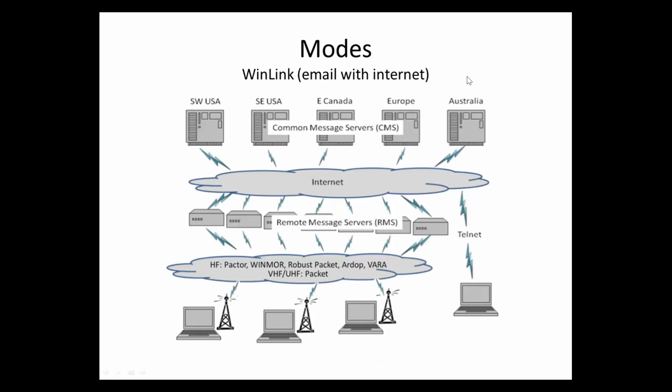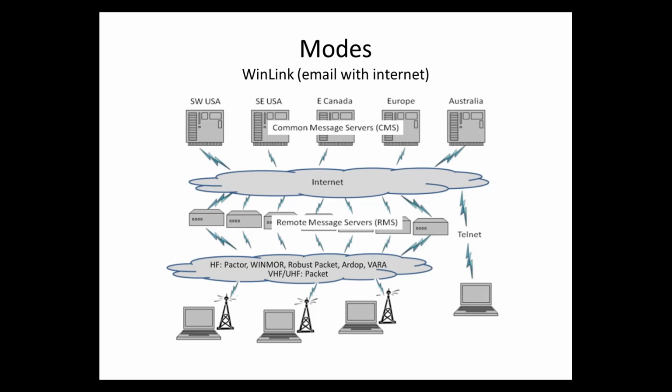There's a third general area of digital communication that I think is pretty interesting. I find it very intriguing because of what it can do for you. But it's essentially email without the internet.